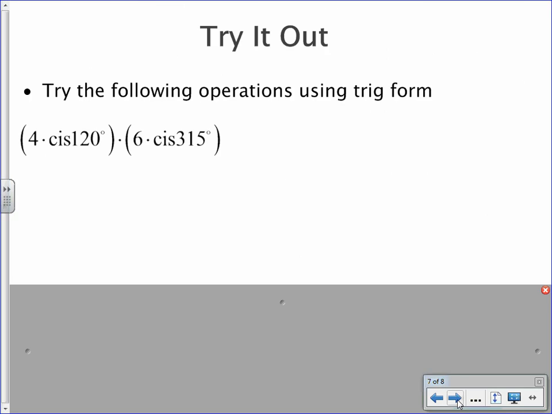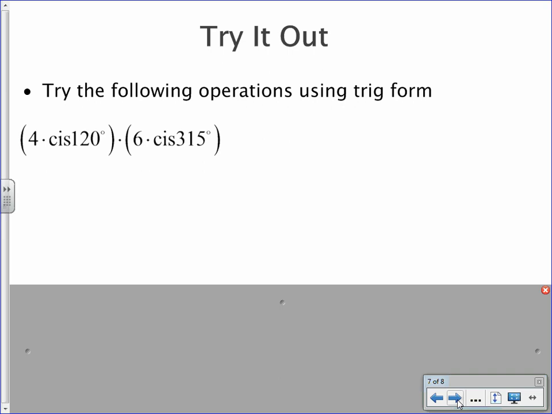I'm going to do a couple of examples. Here's our first one: 4 CIS 120 times 6 CIS 315. That is 4 cosine 120 plus i sine 120 times 6 cosine 315 plus i sine 315.